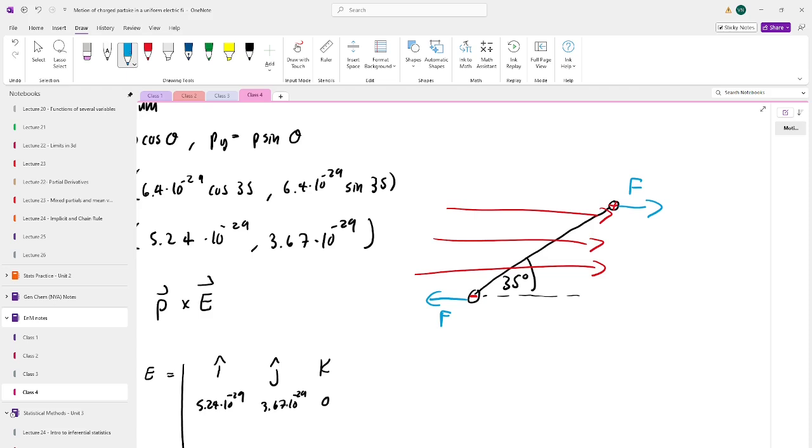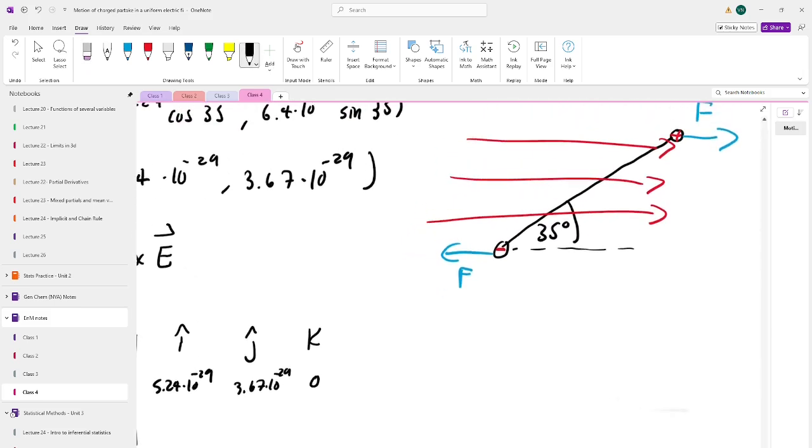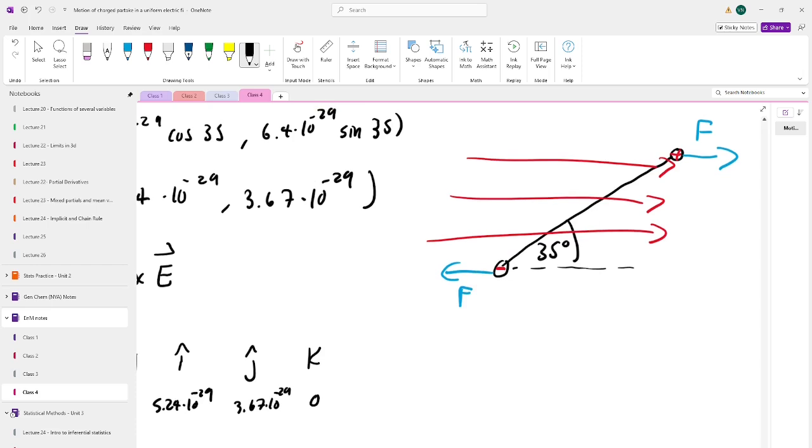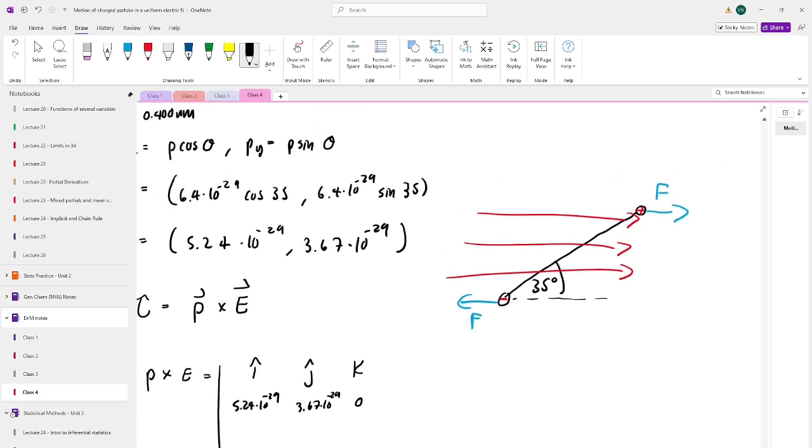And so the E field here is moving in the positive I direction, or the positive X direction. So the only component it would have would be an X component that should be positive, that should represent the magnitude of the electric field, and it should have 0 y and 0 z, right?